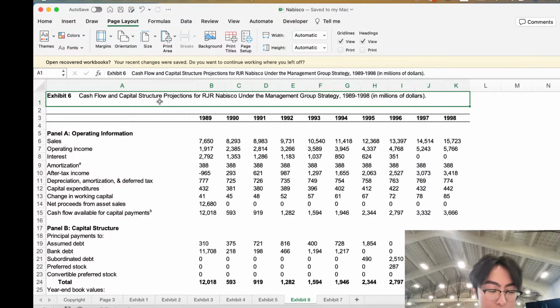So we're going to have to multiply the tax shield by every single one. So this number, assumed debt weight, times assumed debt cost, times tax. And then we have bank debt weight times bank debt cost, times tax.